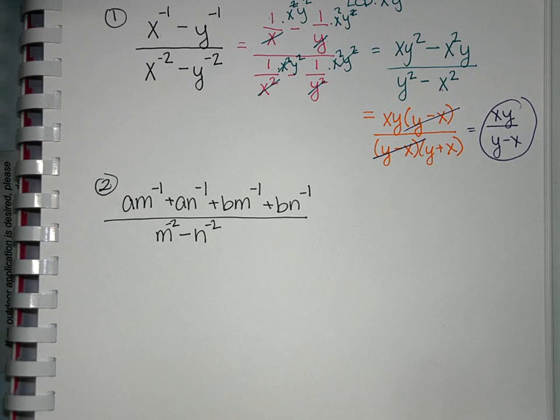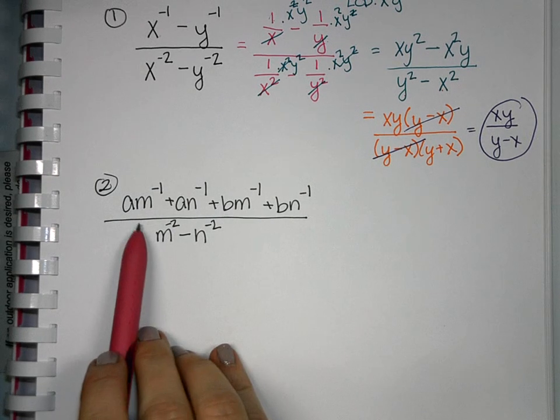Okay, so here's our next one. We have a much longer expression on the bottom, but this will hopefully give us some more practice in creating a complex fraction with negative exponents.